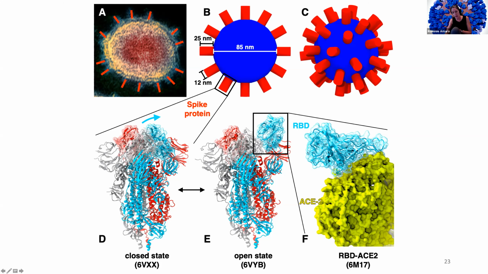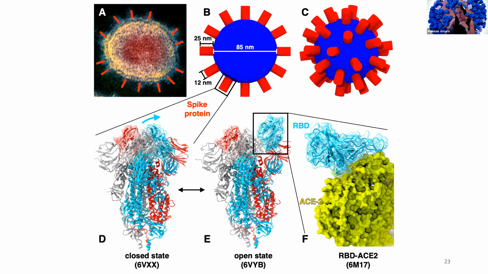And then this last panel F, this yellow blob here, is the ACE2 receptor. How it works is that the virus approaches a host cell, and it interacts with the so-called ACE2 receptors on the host cell. Your host cell has all sorts of stuff sticking off of it.